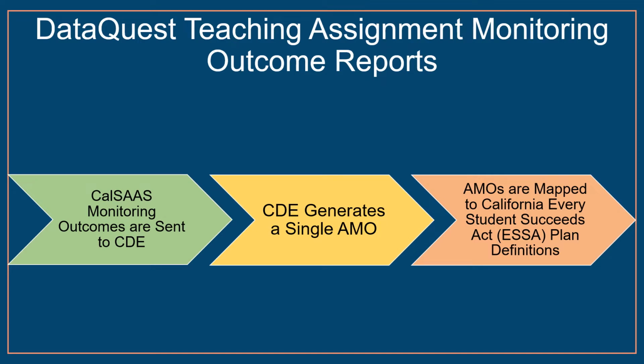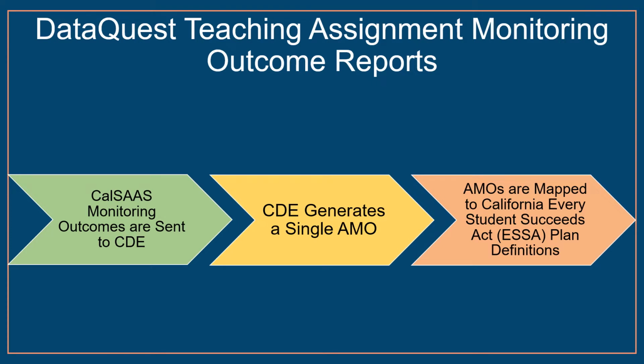The DataQuest Teaching AMO report shows the FTE data for each teaching assignment, aggregated and displayed for the following AMOs: clear, out of field, ineffective, intern, incomplete, unknown, and not applicable. The definitions for these outcomes are discussed on a separate video.